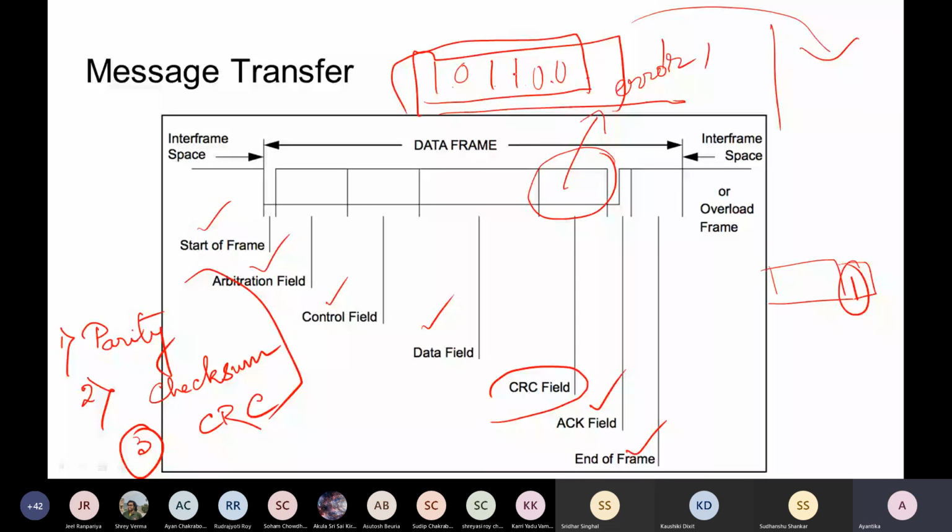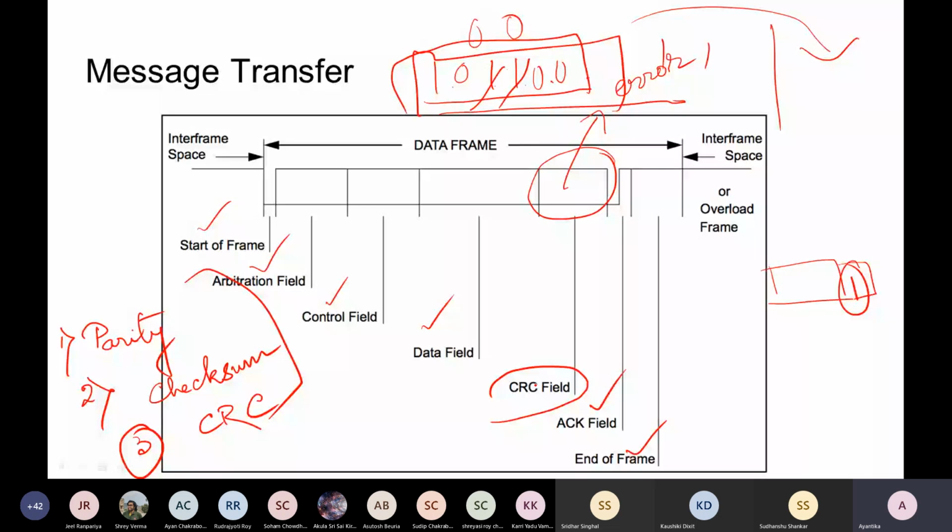Due to some effect, such as different types of communication interference, if only one bit is flipped from 1 to 0, then with the help of parity it is easy to identify. But if two bits change together, in case of multiple bit flips, parity may not work properly. So that's why CRC is a more promising solution.